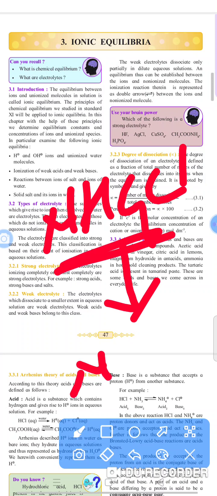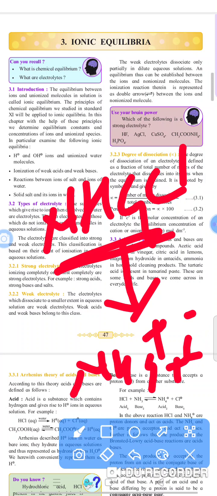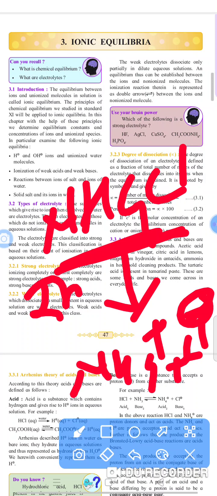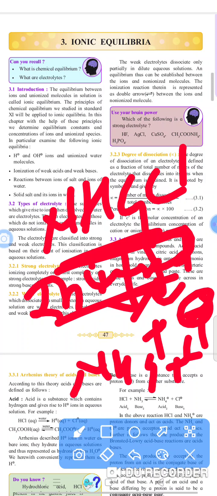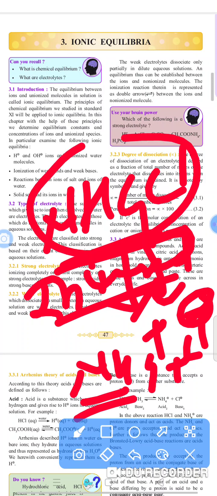It dissociates into NH4 plus and Cl minus, but some amount of NH4Cl remains unionized. Some are converted into NH4 plus and Cl minus, but NH4Cl remains unionized to some extent. That's why NH4Cl is a weak electrolyte.